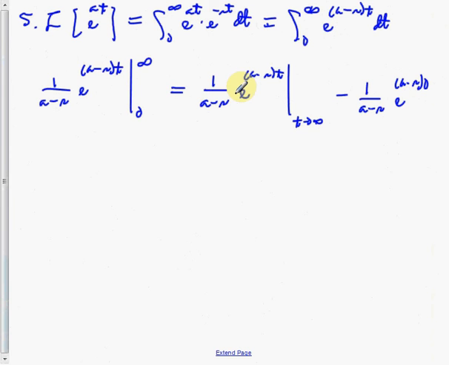So here we say for convergence, let a minus s be less than 0. It's negative. Well, I know I just said we don't like to deal with negative folk.